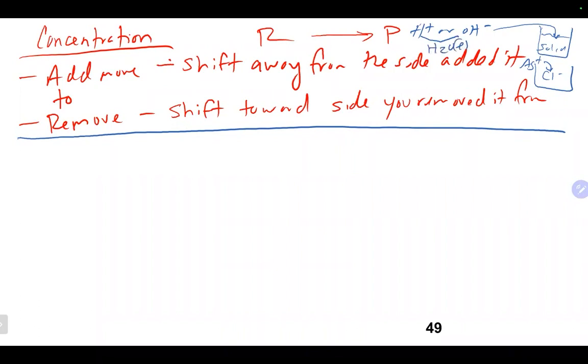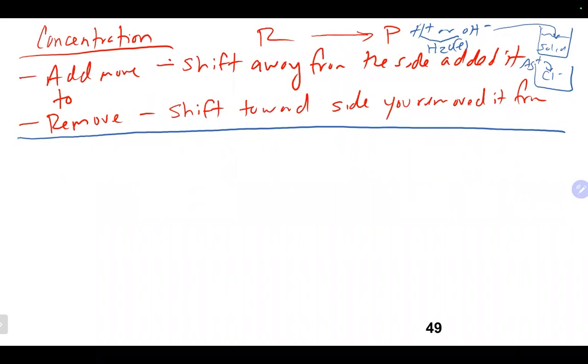Usually when you make water, you can't tell; it just looks the same as what you had before. But that's a very common way that we remove hydroxide or H plus from a reaction: add acid or base and you will make water. Water, a pure liquid, is also not included in the equilibrium constant.